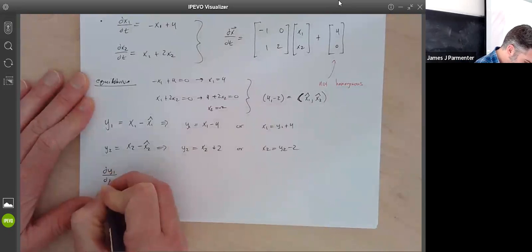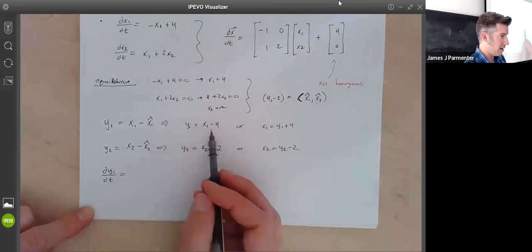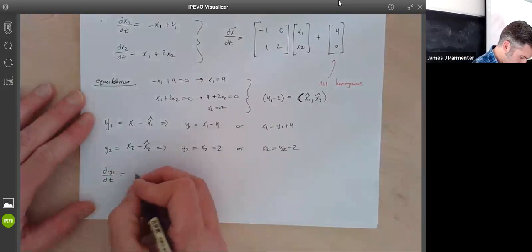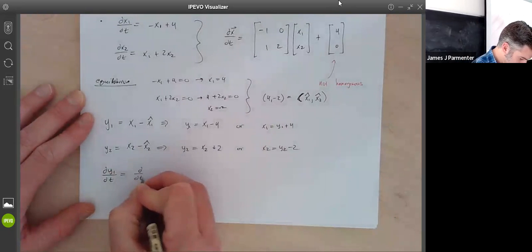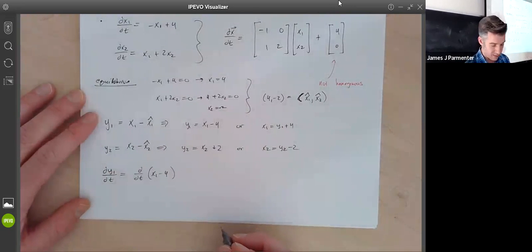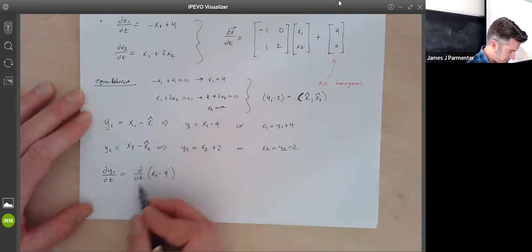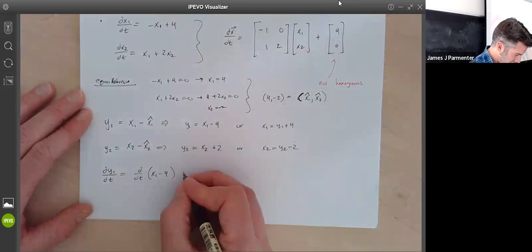The derivative of y1 with respect to t. Well, y1 is equal to x1 minus 4, so it's going to be the derivative with respect to t of x1 minus 4. And I'm going to ask you all a question: what's the derivative of 4? Right. So the derivative of this is just the derivative of x1 minus 0.